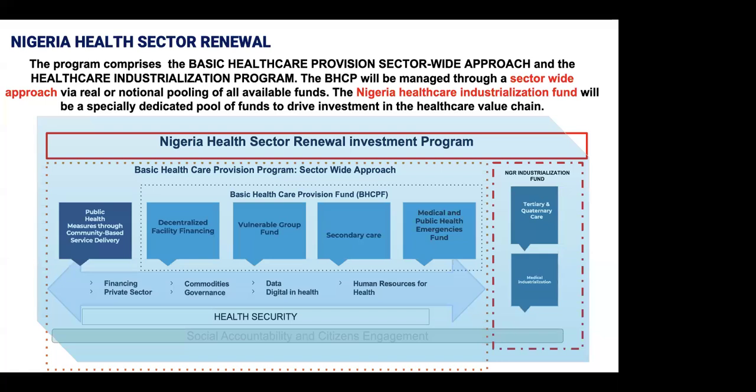Health insurance used to be voluntary and provided for in the Nigerian Health Insurance Scheme Act, but that act was repealed and replaced with the Nigerian Health Insurance Act of 2022, which collaborates with and complements the Health Act of 2014 that provided the Basic Healthcare Provision Fund. So the Health Insurance Act refers to the BHCPF, but also refers to the Vulnerable Group Fund, where the NHIA is supposed to use this fund to provide a basic minimum package of healthcare for Nigerians.